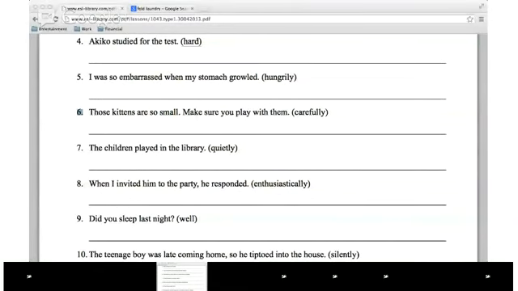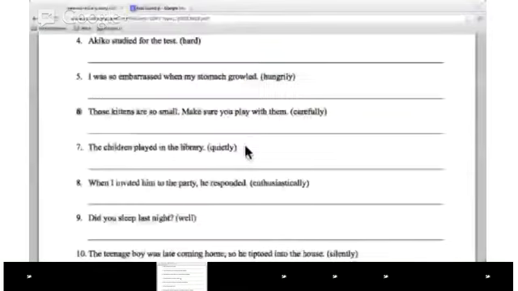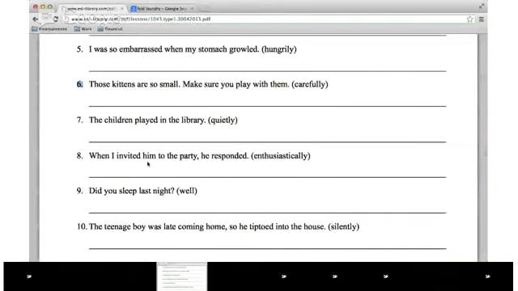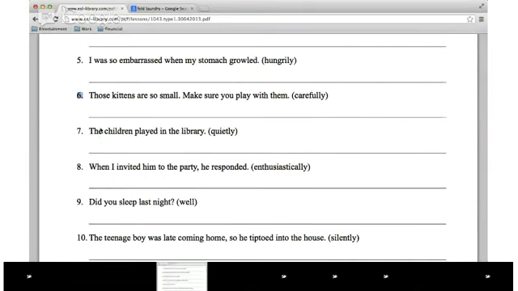And this is for Jose. Those kittens are small. Make sure to play carefully with them. Okay, make sure you play carefully with them. Good.